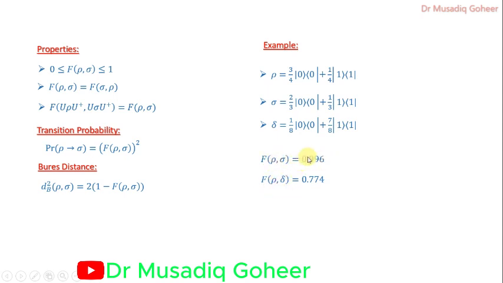If the fidelity is greater, you can put this value into the formula of Bures distance. You will see that you will get the smaller value of Bures distance for rho and sigma, but you will get the greater value of Bures distance for rho and delta. From here you can calculate whether two states are similar to each other, and how much similar to each other.